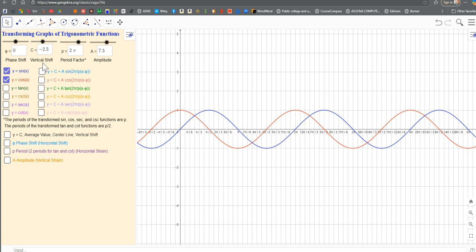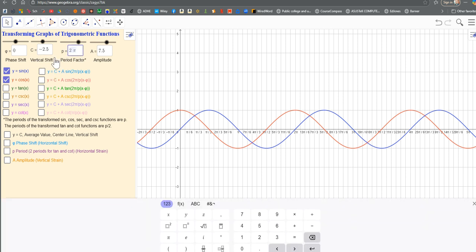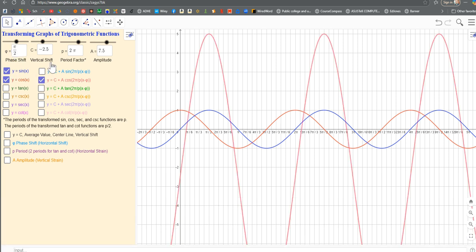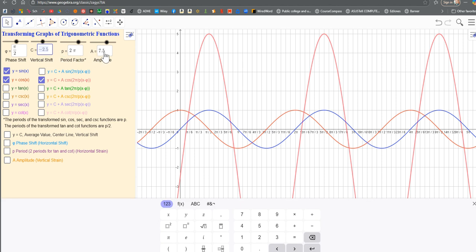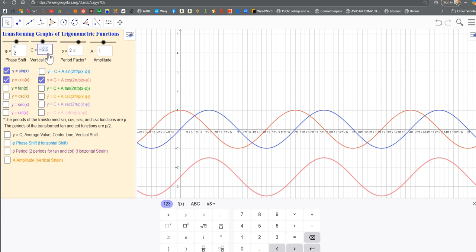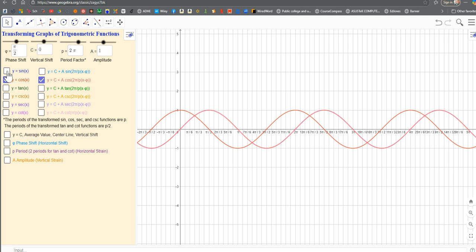Watch this. Let's shift it by pi over 2, a phase shift. Pi over 2 to the right, and look at the cosine graph. And let's put it back to amplitude of 1 and center line of 0. And notice that is the same as that sine graph.